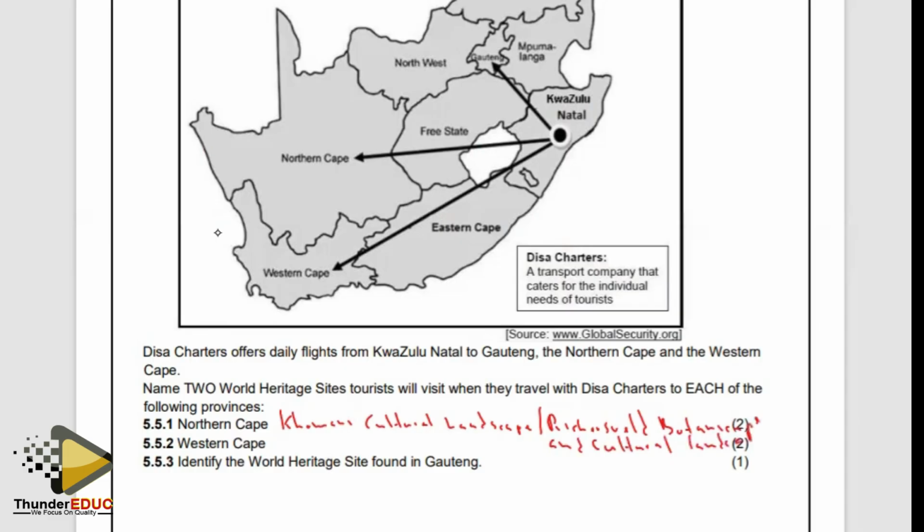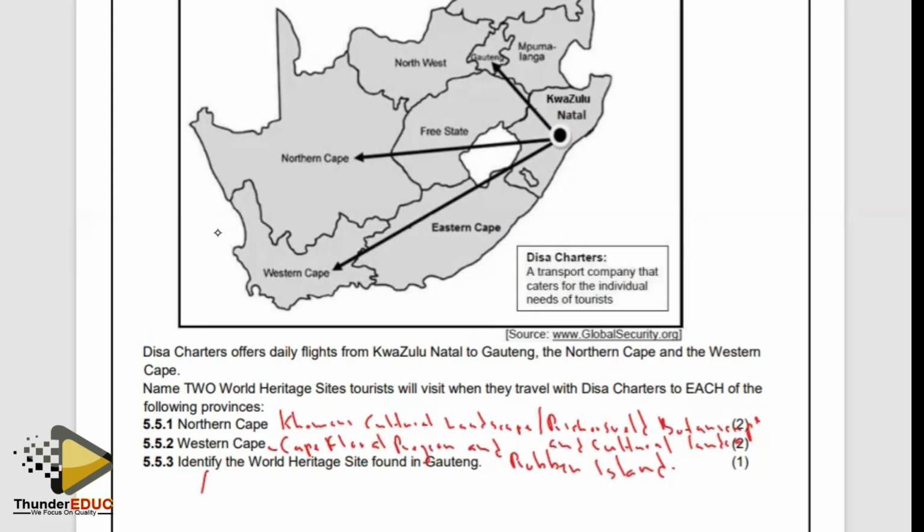Those are the two. Then in the Western Cape, the Cape Floral Region and Robben Island.